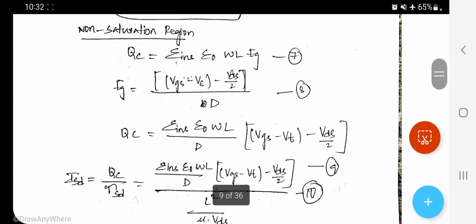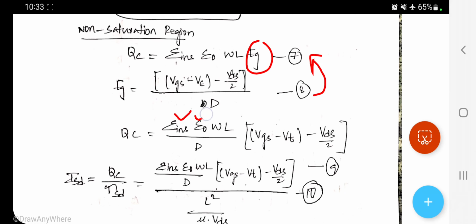Now what we are going to do: in the place of Eg, equation 8 is substituted in equation 7. So we got QC is epsilon ins epsilon naught WL by D into VGS minus VT minus VDS by 2.